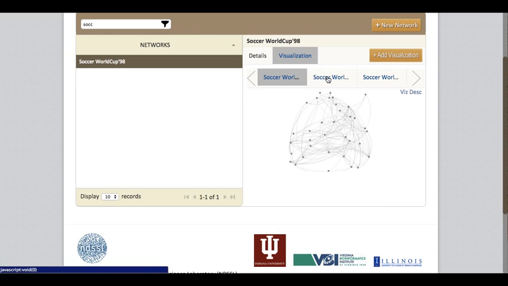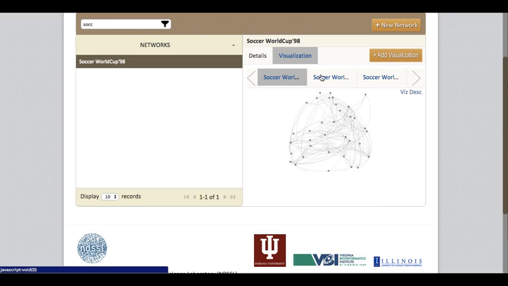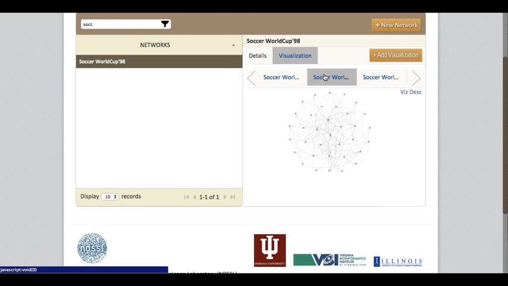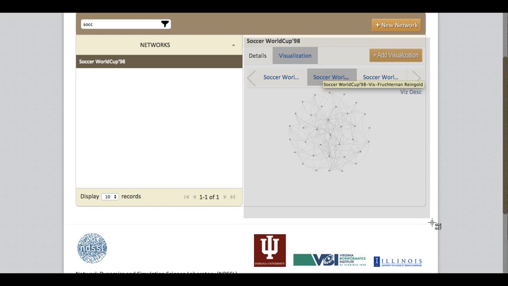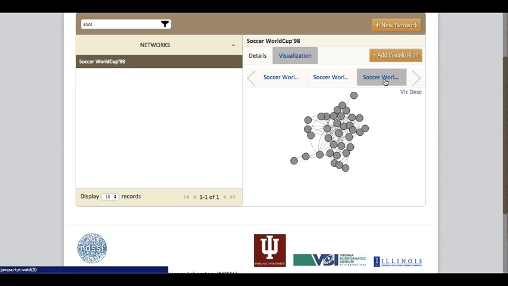And then we can have it in Fruchterman-Reingold. And then we can have it in Force Atlas 2.